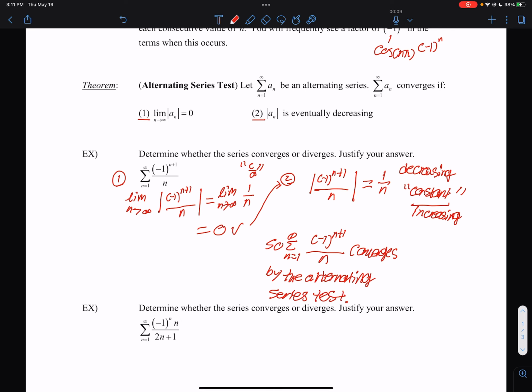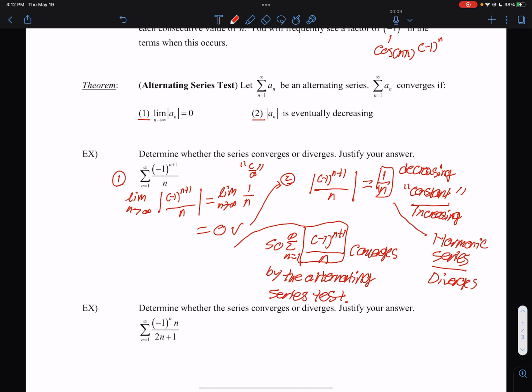If you have seen 1 over n, this is the harmonic series. The harmonic series always diverges. But if you look at negative 1 to the n plus 1 divided by n, this is the alternating harmonic series.